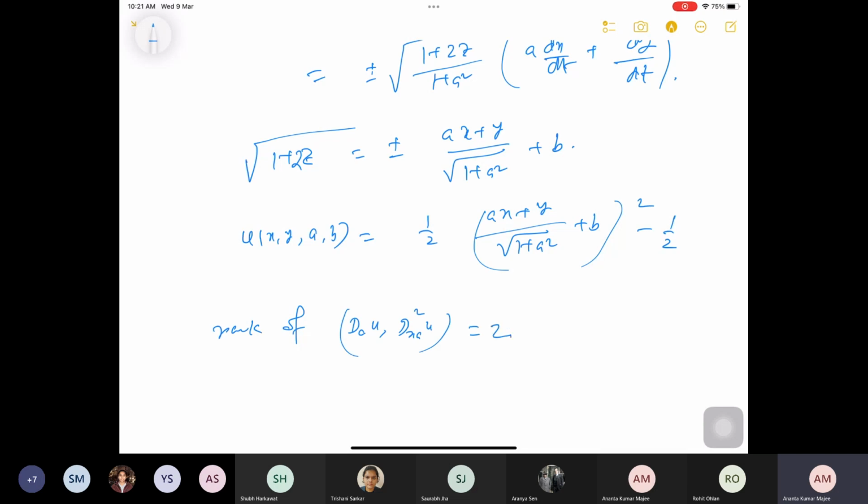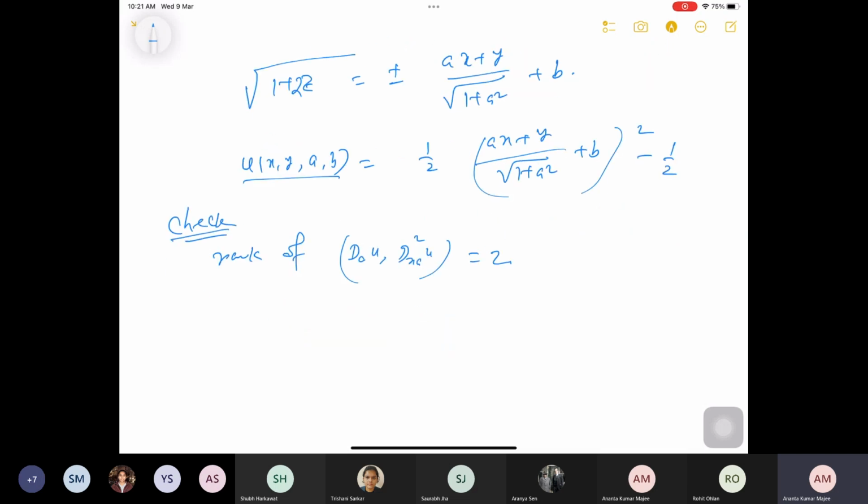So you check it: just find the matrix, because you now have this form, you can find it, and then you see that the rank is 2. Hence u(x, y, a, b) is a complete integral of your given PDE.